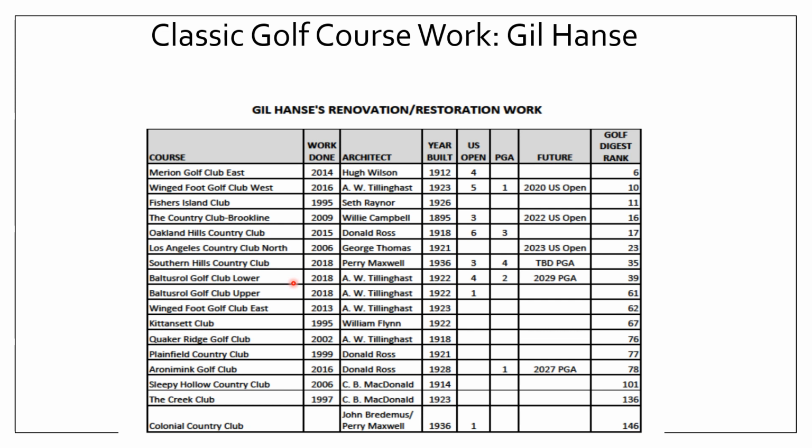Baltusrol, Upper and Lower, Tillinghast, Winged Foot East, Tillinghast, Kittansett, William Flynn, Quaker Ridge, another Tillinghast, Plainfield, Ross, Aronimink, Ross, Sleepy Hollow Country Club, a great C.B. Macdonald golf course, and the Creek Club, another C.B. Macdonald golf course. And then here we included Colonial as a point of comparison.